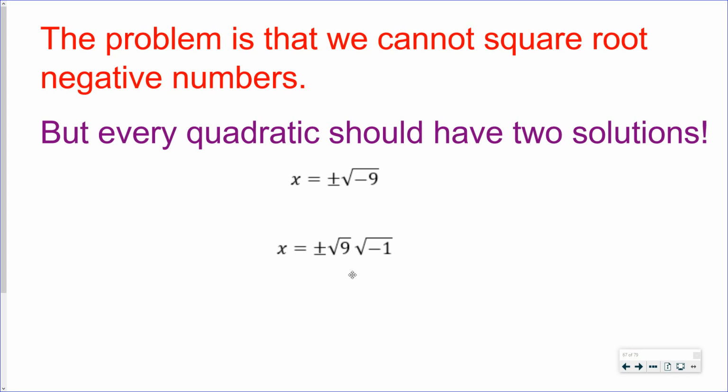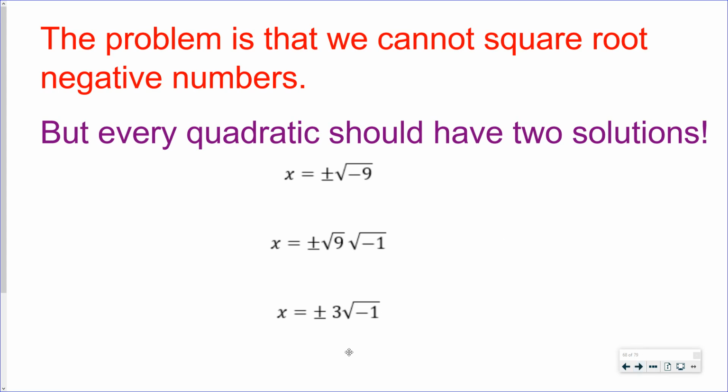If the two numbers under the radical multiply to -9, so 9 times -1 is -9, I'm allowed to do this. The radical 9 simplifies to 3. So I can reduce this further to x equals plus or minus 3 radical -1, but I still have the problem that I've got this radical -1. That's where this method seems to run into a roadblock.